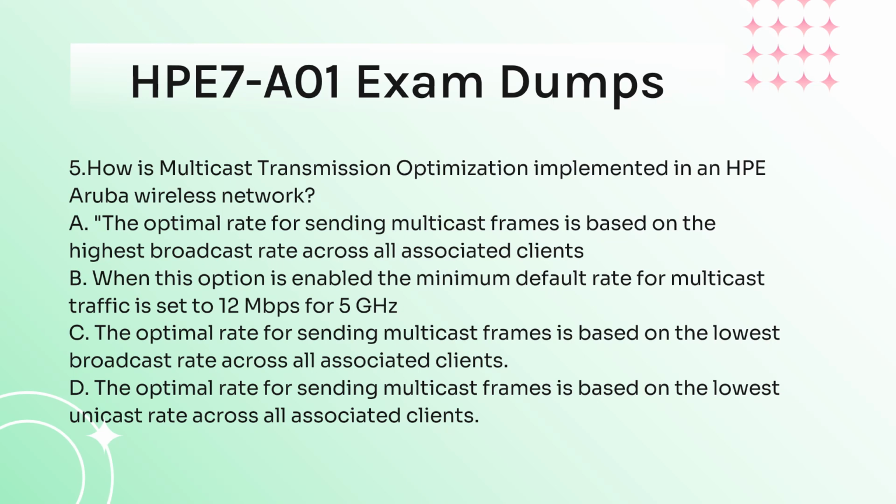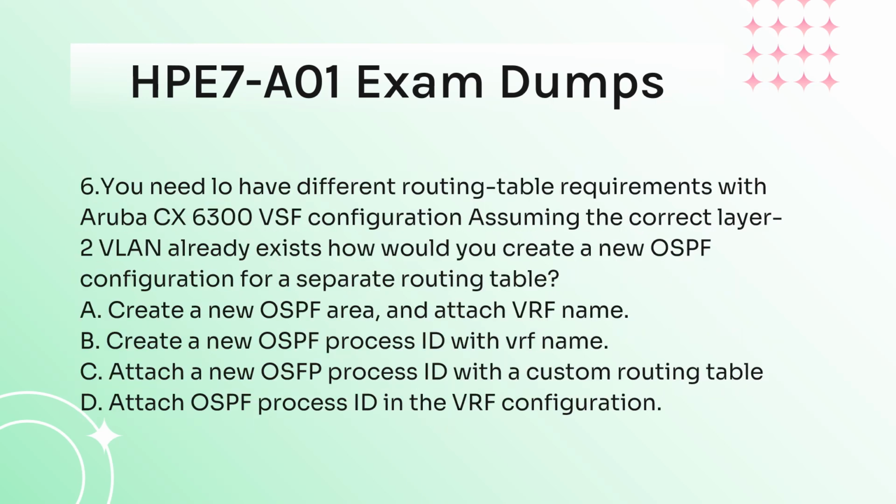6. You need to have different routing table requirements with Aruba CX 6300 VSF configuration. Assuming the correct layer 2 VLAN already exists, how would you create a new OSPF configuration for a separate routing table?